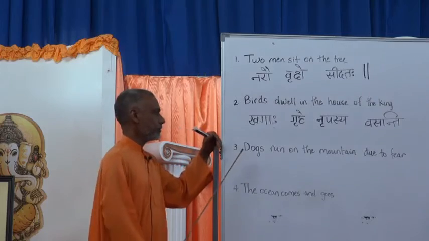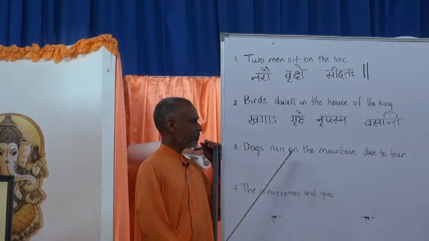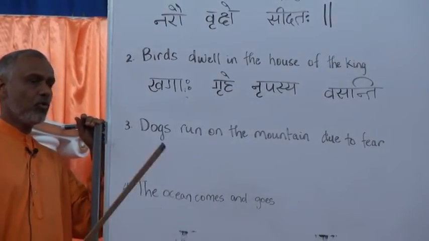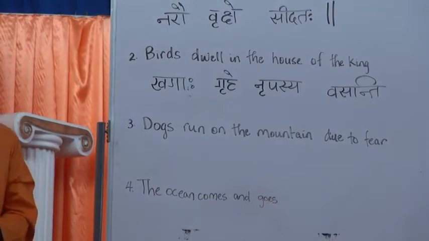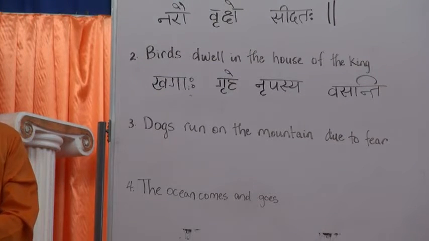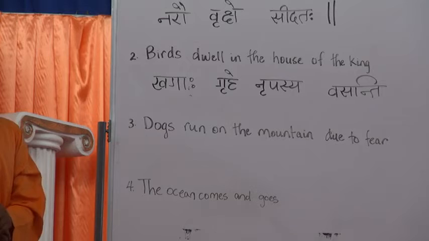Now next one. Dogs run on the mountains due to fear. So who runs? Okay. And dogs in Sanskrit is? Not kutta. Kukuraha. And then you want the plural of that.